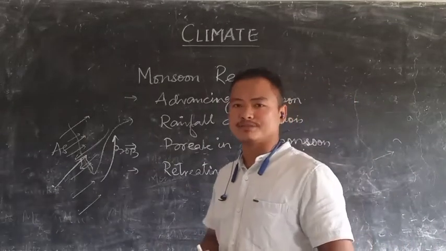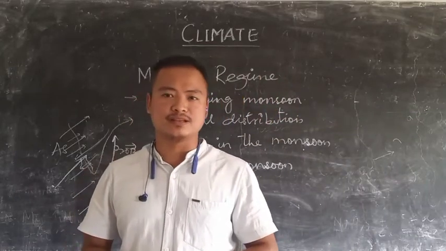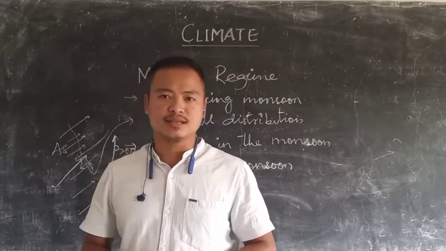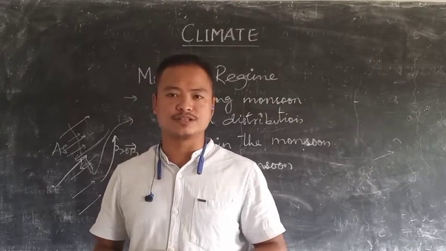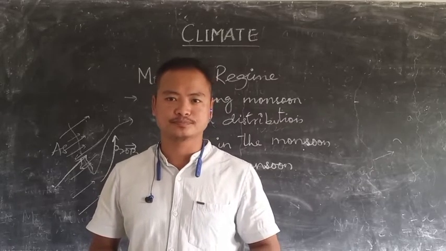Now, based on all these factors and also the various factors of climatic variations that we discussed in the earlier class, on that basis, we will try to discuss the 4 different seasons that are experienced in India.